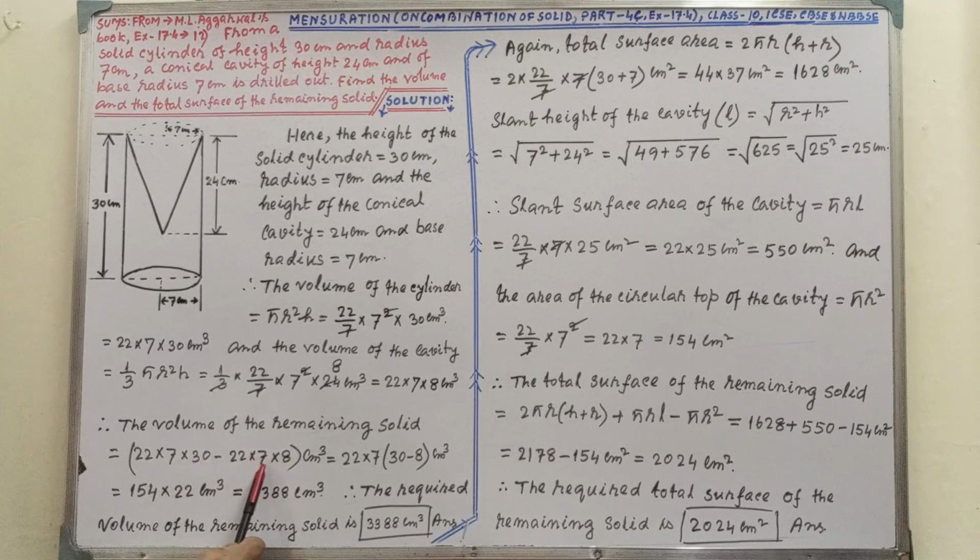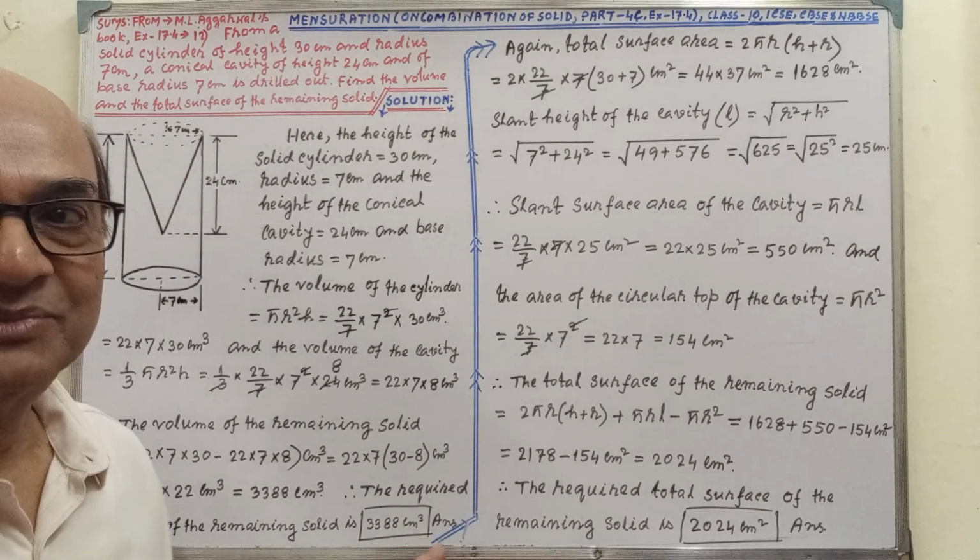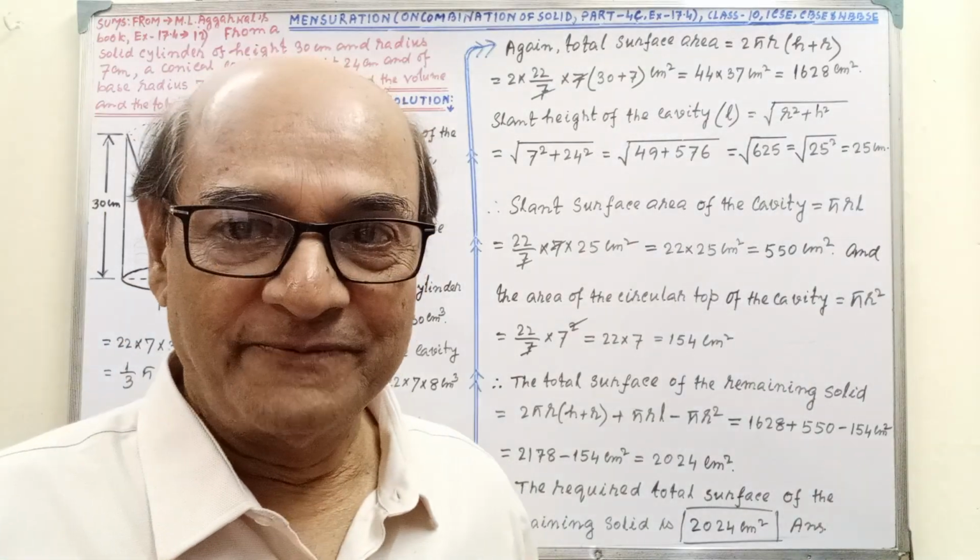I am keeping it this way for easier calculation. 22 into 7 is common, then 30 minus 8, then by multiplication it is 154 into 22, which is 3388 centimeter cube. This is the required volume of the remaining solid. First part is completed.